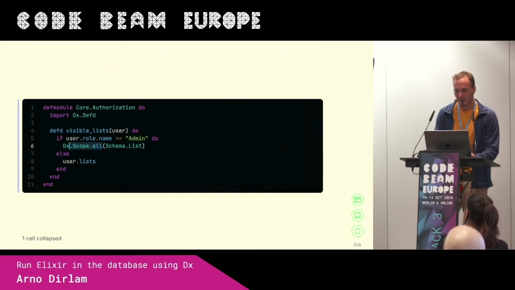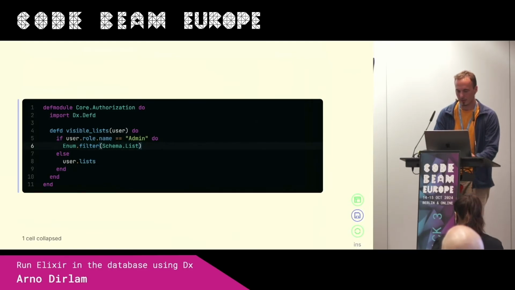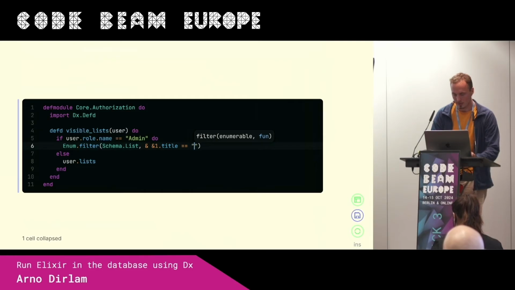What you can do is run, for example, enum functions on records. Let's say the list has the title main list.